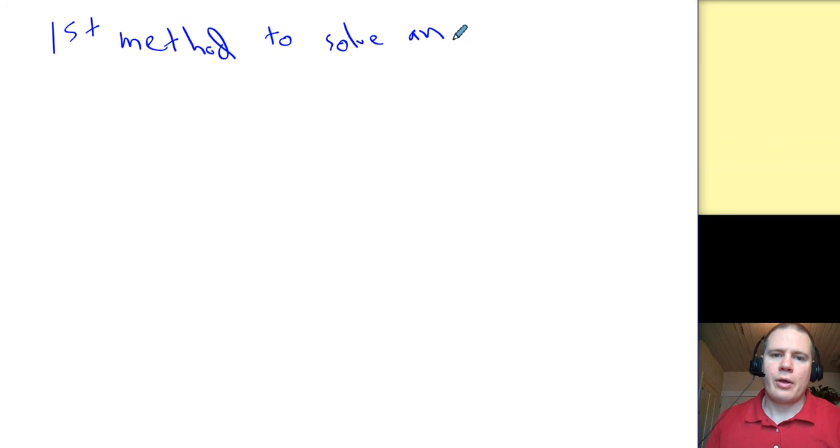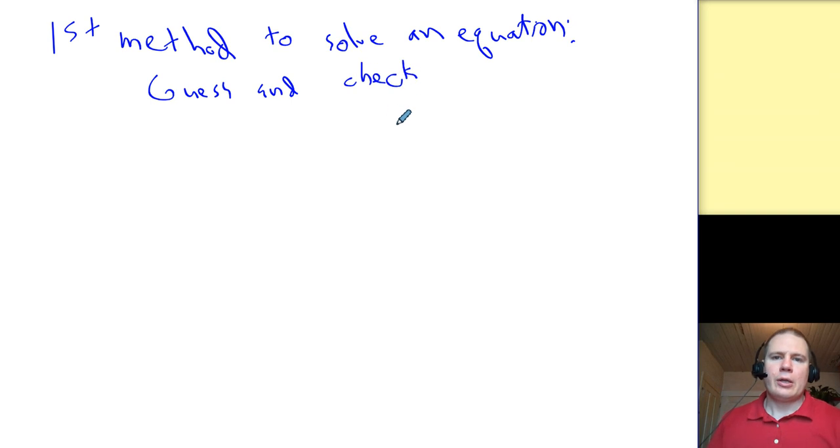So the first method to solve an equation is just guess and check. Now, on the one hand, this is often a really lousy method.